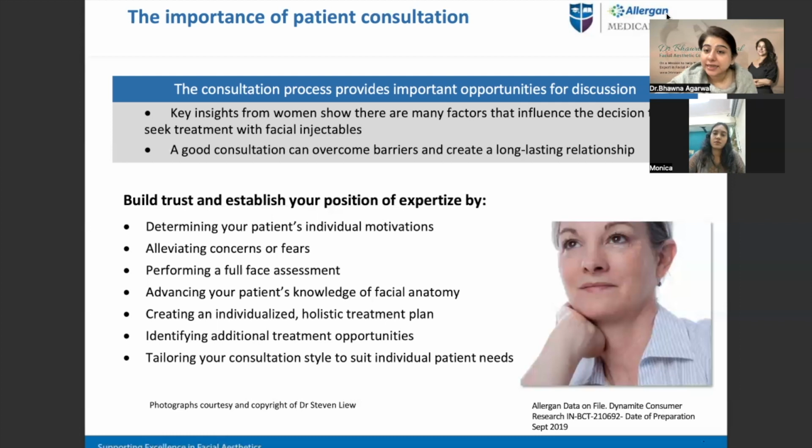But if they're getting it done for the wrong reasons, like if they think their love life will improve, or that they will have more authority in the workplace, you need to keep counseling that it is basically just enhancing your confidence, which will ultimately help you handle other factors. It will not directly help you deal with anything. Getting Botox done will not improve your relationship with your family, but it might empower you with the mindset that you're able to deal with it.